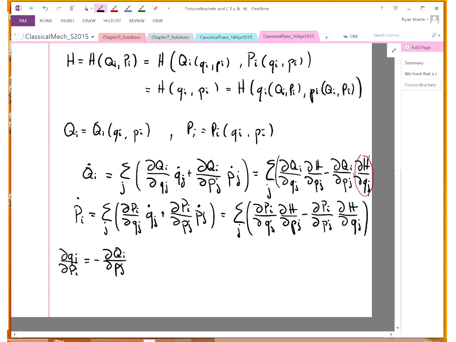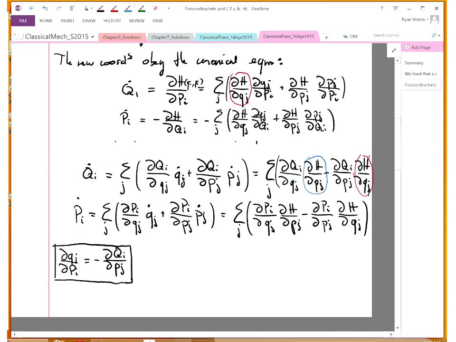Oh, I just wrote it down wrong here. In the second expression, that's a p_j, not a q_j. So these two things must be equal to each other. Everybody okay with that?